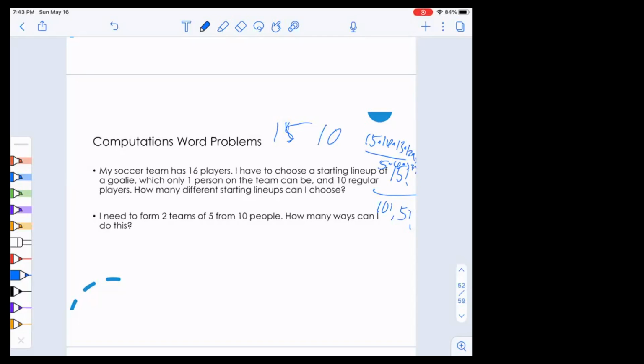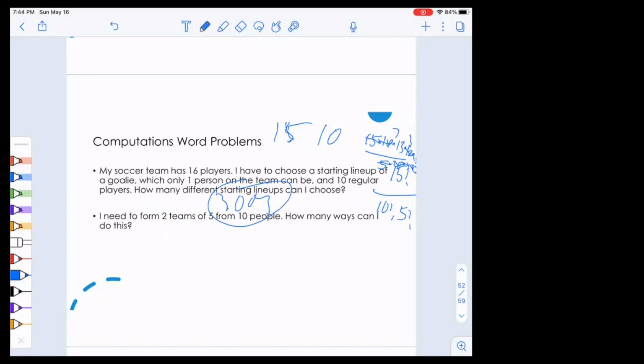And what you're going to get is, well, we'll just cancel these out. 7 times 13 times 3 times 11. And that is 3003. Yeah, that's the answer.